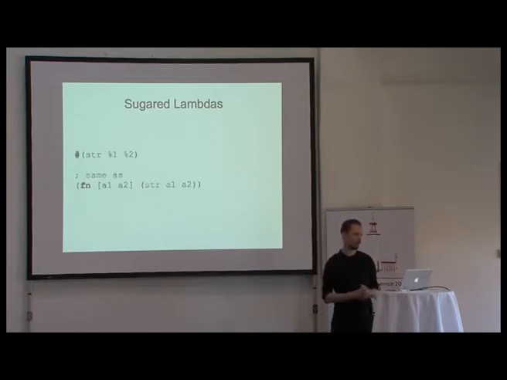And then this becomes a function which takes as many arguments as there are percent signs within the expression. And if you have more than one, you number them like this. If you only have one, you only need one percent sign. It's really nice. And fun.